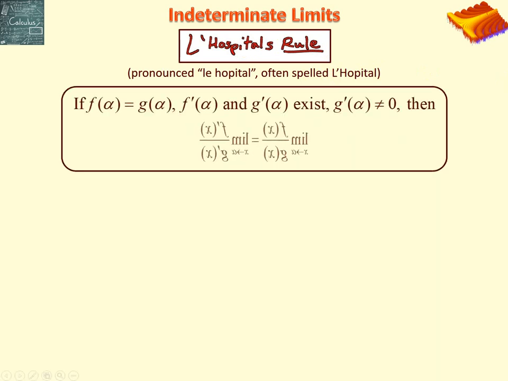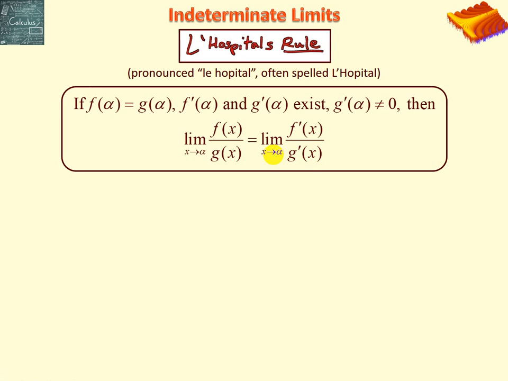What it says is, if a limit is indeterminate, this is all you have to look at. Don't worry about that, in fact. That's just the theory. The limit of f of x over g of x as x tends to alpha is equal to the limit of f prime of x over g prime of x as x tends to alpha.